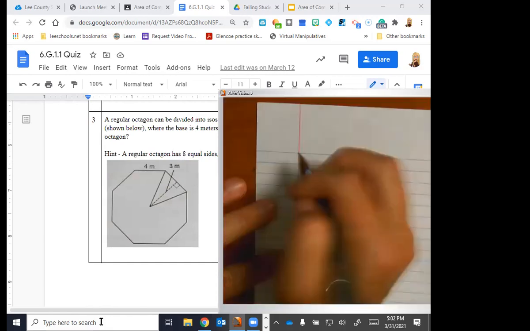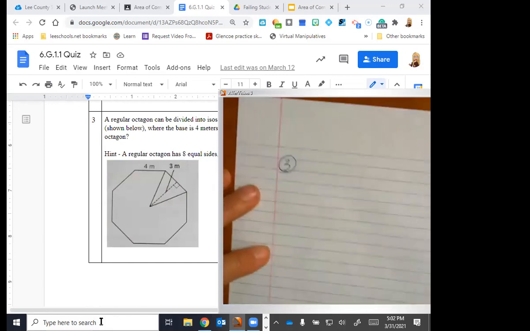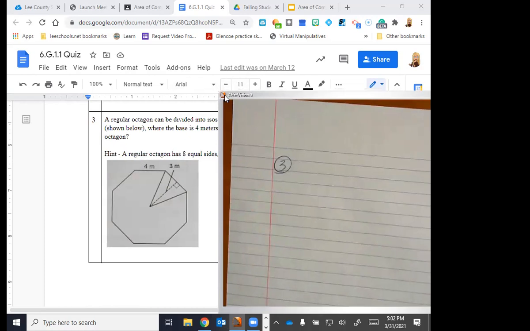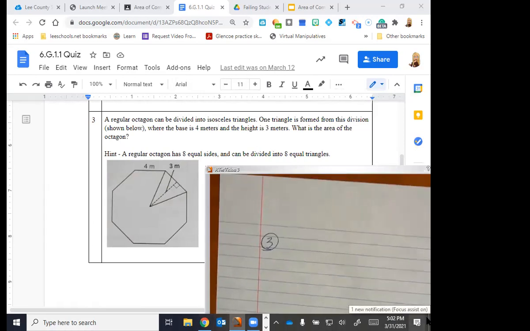We did an example similar to this in class the other day. Question number 3 says a regular octagon can be divided into isosceles triangles. One triangle is formed from this division shown below, where the base is 4 meters and the height is 3 meters.